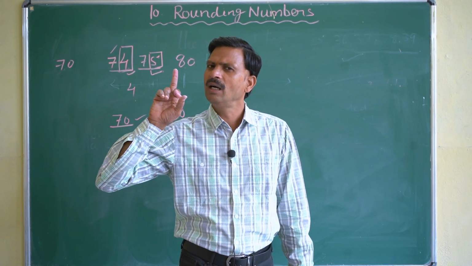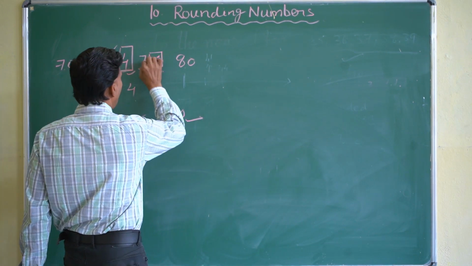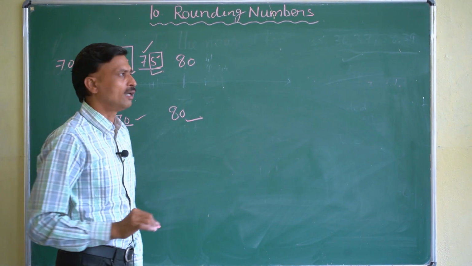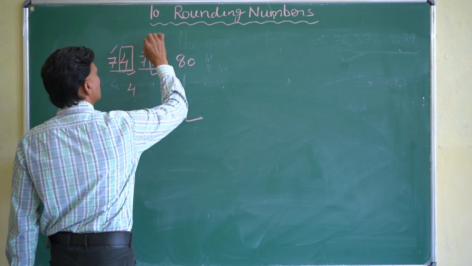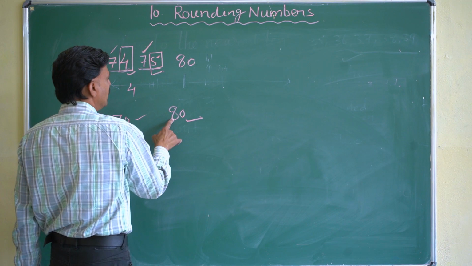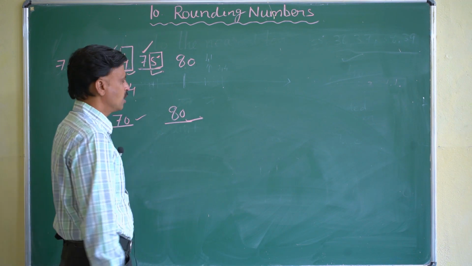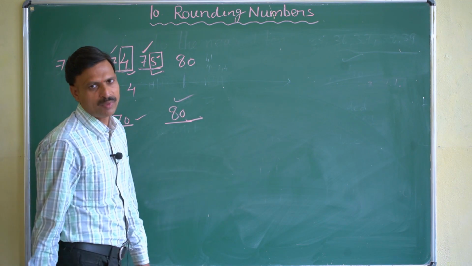Here the 10th place digit is 7, so we increase 7 by 1, it becomes 8 and the unit place digit becomes 0. So the rounded value will be 80.